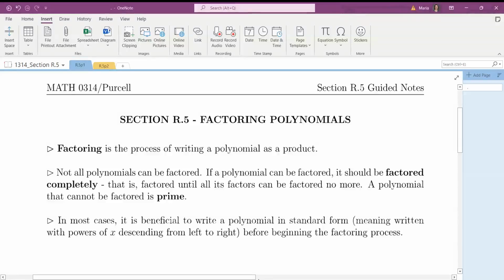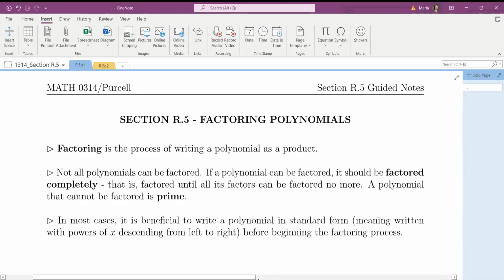Factoring is actually a prerequisite for Math 1314. So you are expected to know how to factor or remember how to factor, and you may not remember how to factor, or you may be really rusty with it.